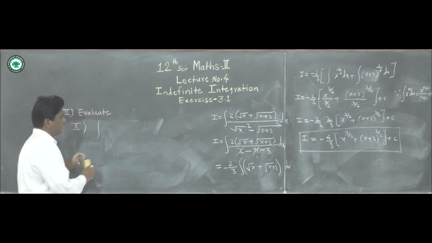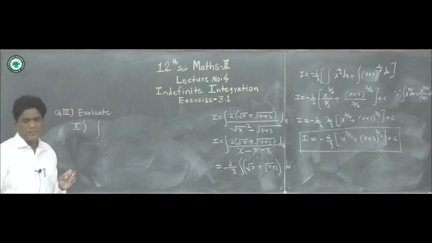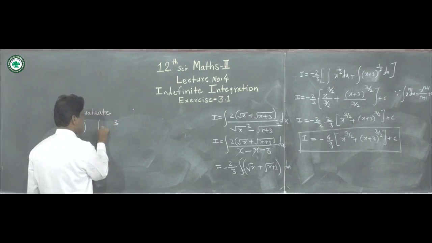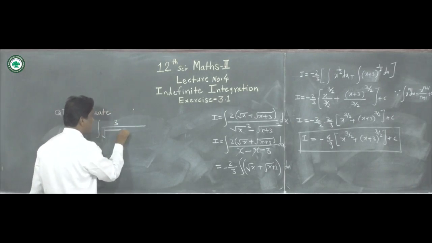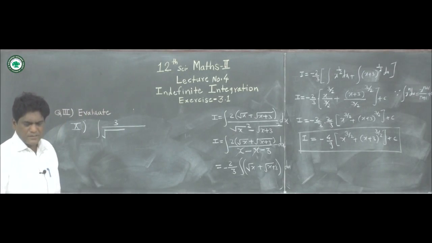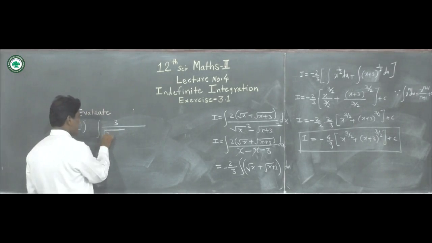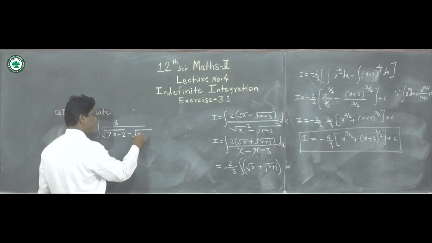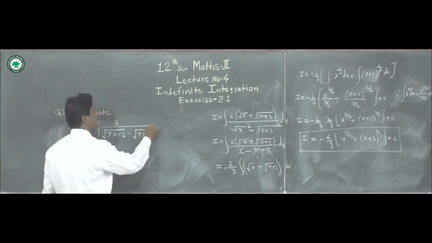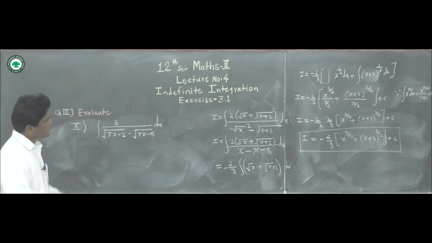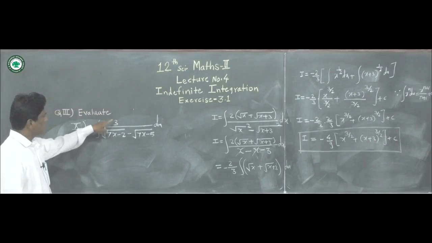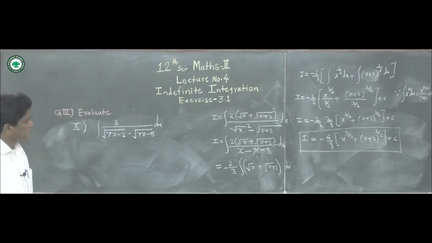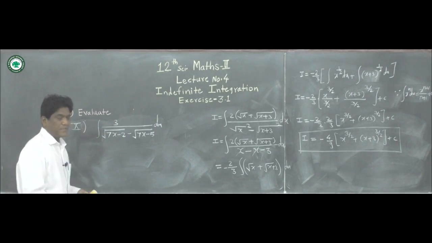So integration of 3 upon root of 7x minus 2 minus root of 7x minus 5 dx. See here, same problem: integration of 3 upon under root of 7x minus 2 minus root of 7x minus 5 dx.